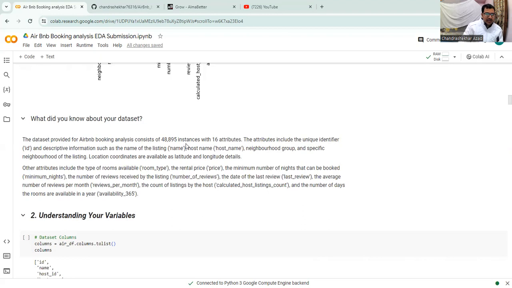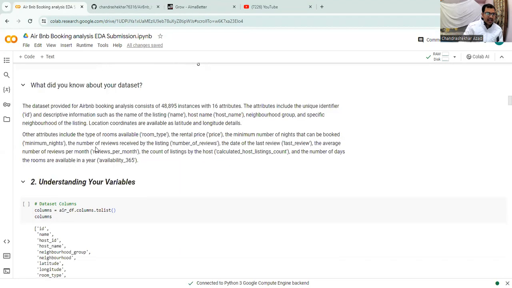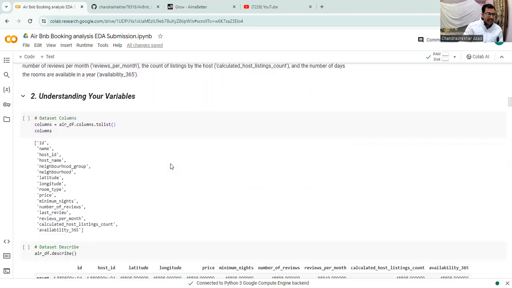The attributes include a unique identifier like ID, descriptive information such as the name of the listings, host name, neighborhood groups, and the specific neighborhood of the listings. Location coordinates are available as latitude and longitude details. Other attributes include the type of room available, rental price, minimum number of nights that can be booked, number of reviews received by listings, date of last review, the average number of reviews per month, the count of listings by host, and number of days rooms are available in a year.